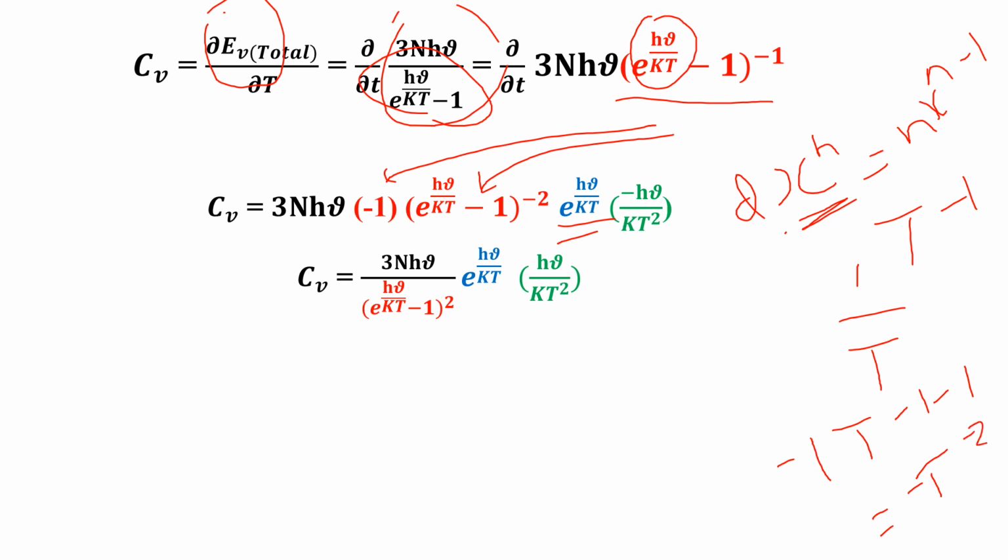When this minus 2 is brought to the denominator, it will be converted to minus 1 by T square. So here we have minus in the numerator and T square in the denominator. Already we have minus 1 here. H nu by kT square is also carrying a minus, so minus into minus is plus.